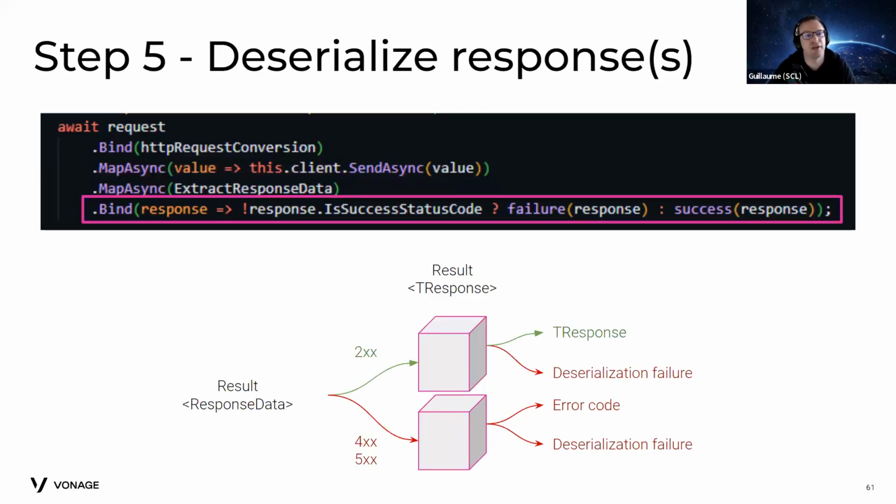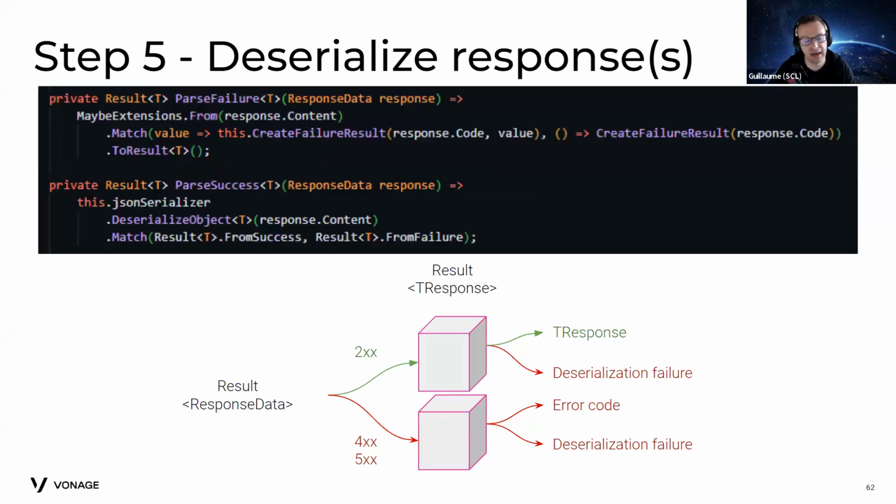And here it comes. So I have basically four scenarios here. Either it is a success status code or a failure status code? In both cases, I need to deserialize what's inside. And both deserializations can fail. So I end up with four railways, one success and three failures. This is why I have some kind of branching here. So yeah, I had to do that.